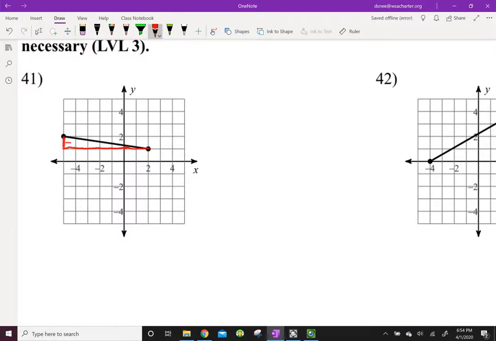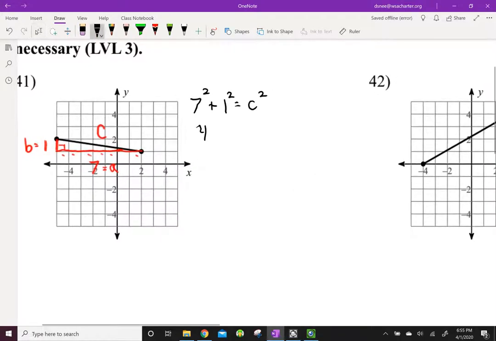My right triangle's right there, okay, and I have 1 unit here, and I have 1, 2, 3, 4, 5, 6, 7 units there, okay? So I'm going to say that A equals 7, and B equals 1, and C, my hypotenuse, is that opposite side. So you'll notice I'm not using the distance formula here. I'm going to use the Pythagorean theorem. So 7 squared plus 1 squared equals C squared.